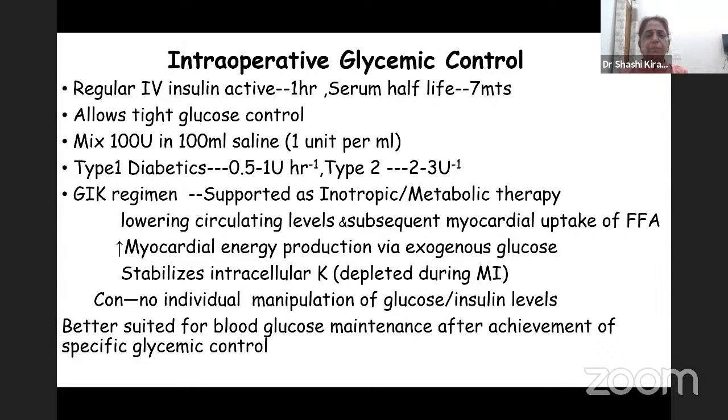It increases myocardial energy production by exogenous glucose and it stabilizes intracellular potassium, which may be depleted during the periods of myocardial ischemia. So what's the disadvantage? No individual manipulation of glucose or insulin levels is possible. So it is better suited for blood glucose maintenance after achievement of specific glycemic control.